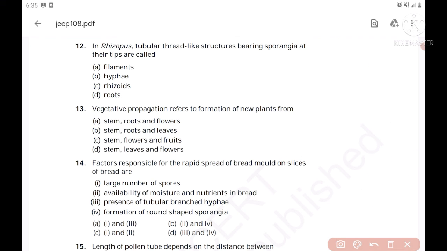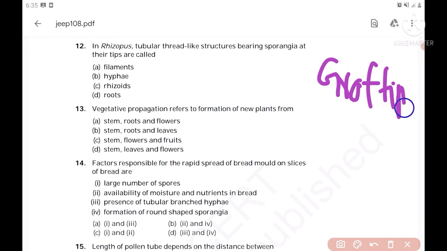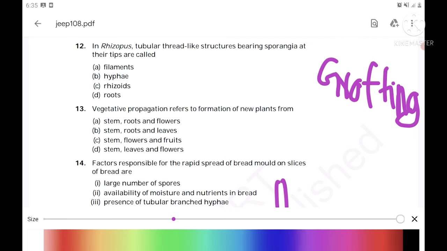Once again, we'll go for the next one, that is grafting. It's actually very easy. You take two plants, and these are the leaves of it.